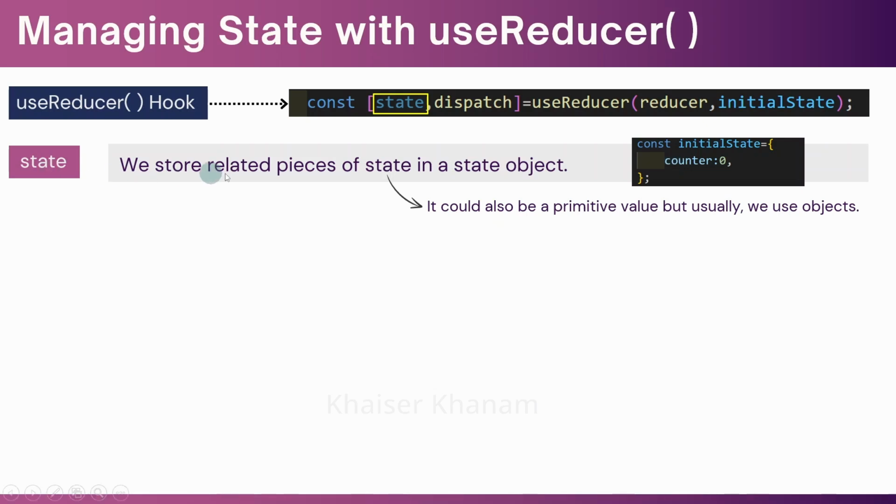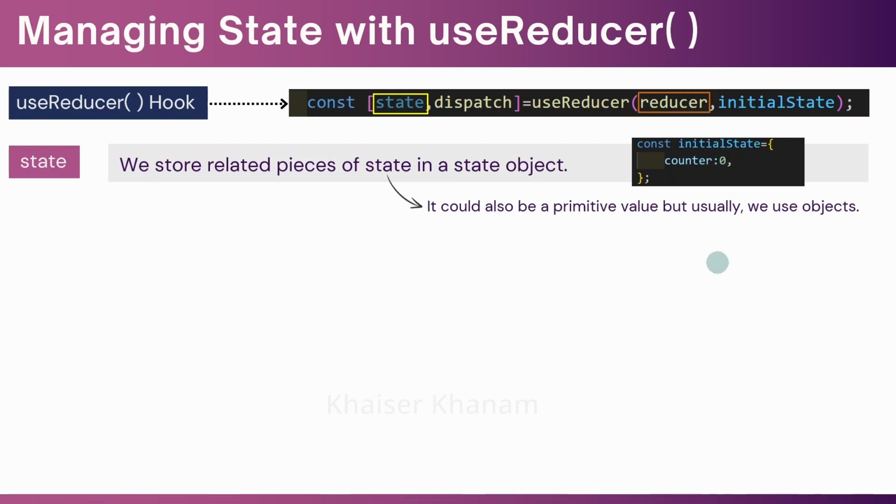And why do we use an object? Because inside it we store related pieces of state. This initial state is going to be assigned to the state. So that is the reason we created an object and passed the state, that is counter as 0.